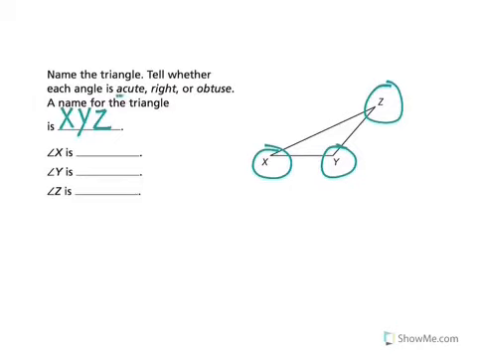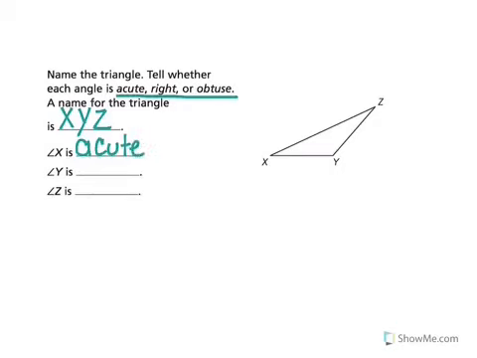Now we're going to name each angle, acute, right, or obtuse. Angle X right here is clearly less than 90 degrees. So that would make angle X acute. Angle Y right here is clearly greater than 90 degrees.